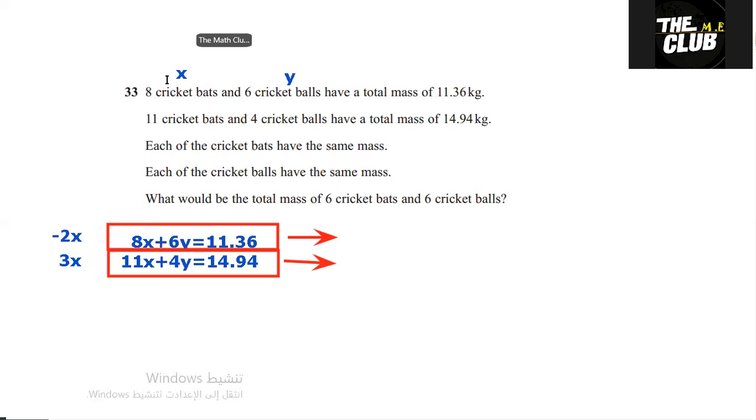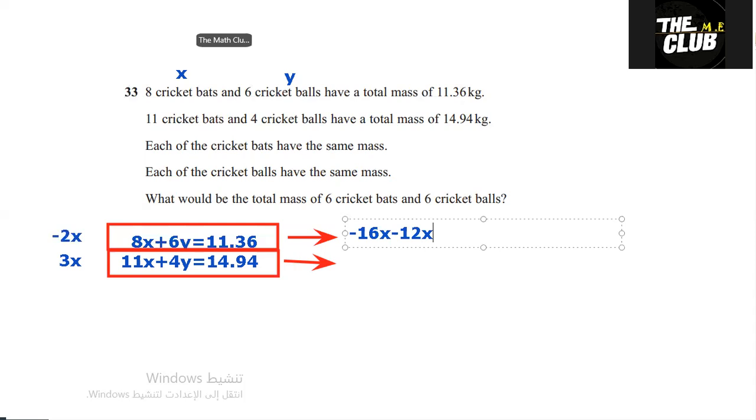So negative 2 times 8 equals negative 16. Very good. Negative 16x. And then negative 2 times 6y is going to be negative 12y. And then the last one, negative 2 multiplied by 11.36.